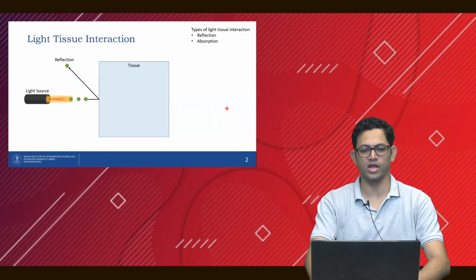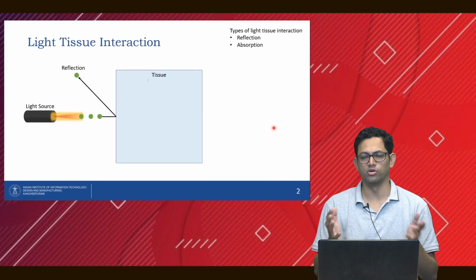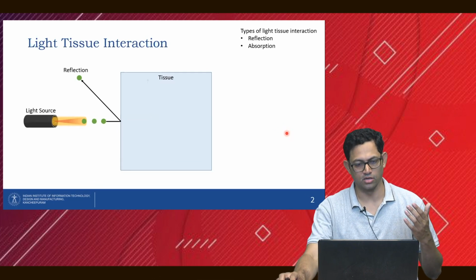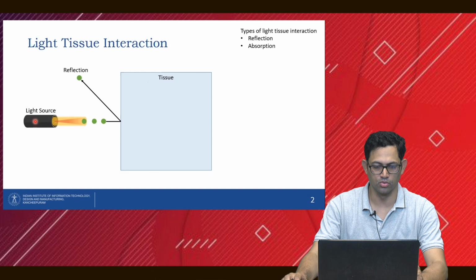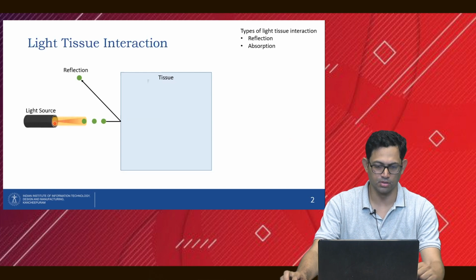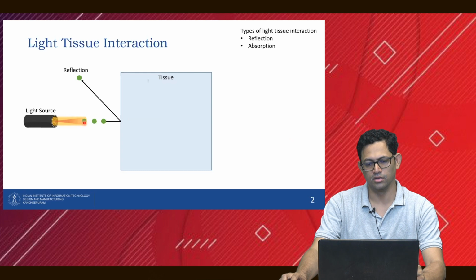So the first thing that occurs in a light tissue interaction is the reflection, right? You can assume that you have the light source over here, and it's shining the light. As of now, it's just a simple light source, could be a torch, for example, and the green color is just showing that it is a particular wavelength.